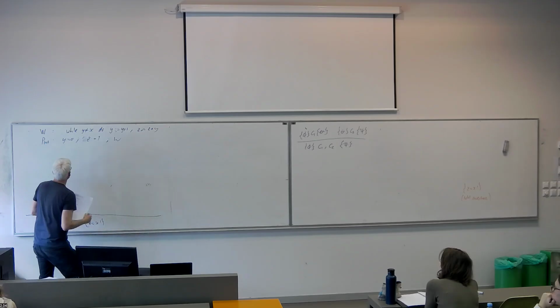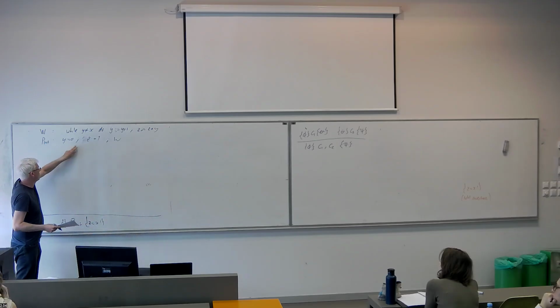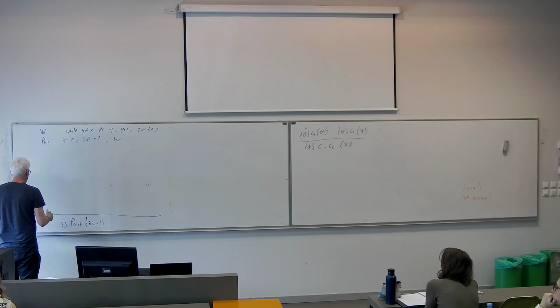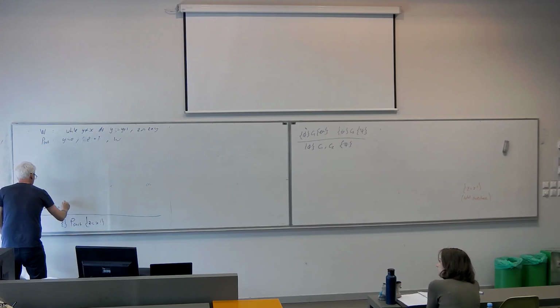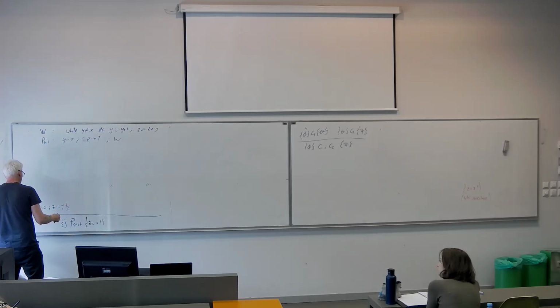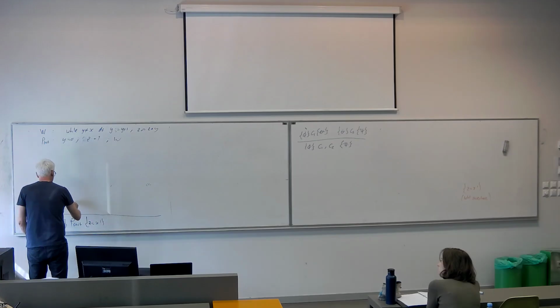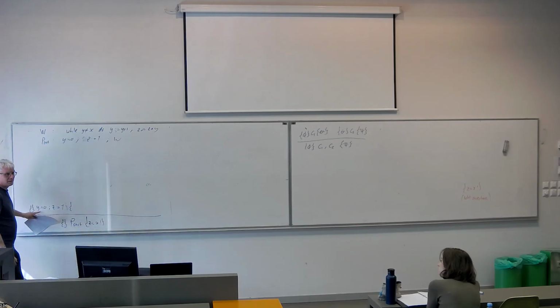So we're going to prove a specification for this first bit, which is kind of trivial. The specification for the first bit is that if we assign 0 to y, and then we assign 1 to z, guess what the postcondition here is going to be?